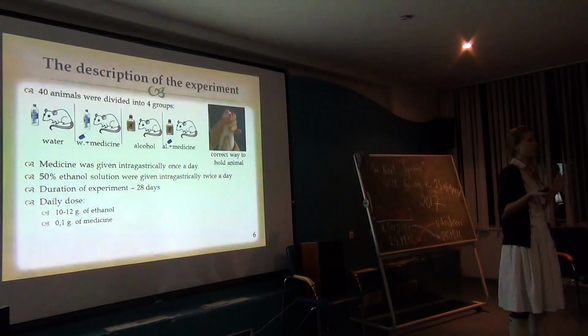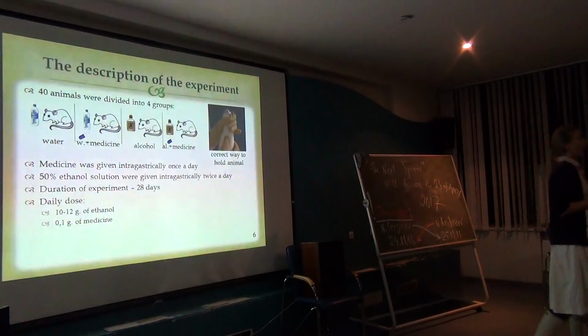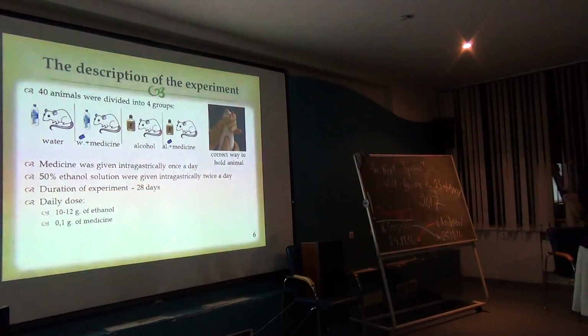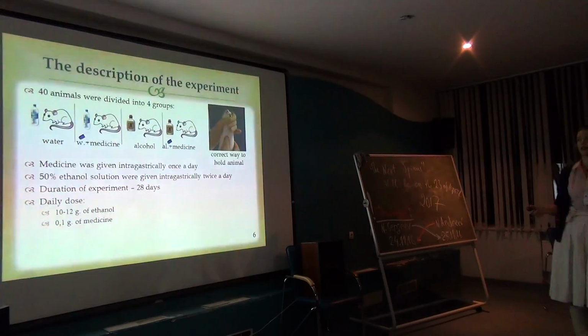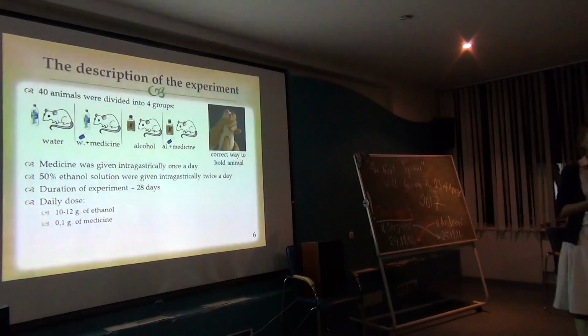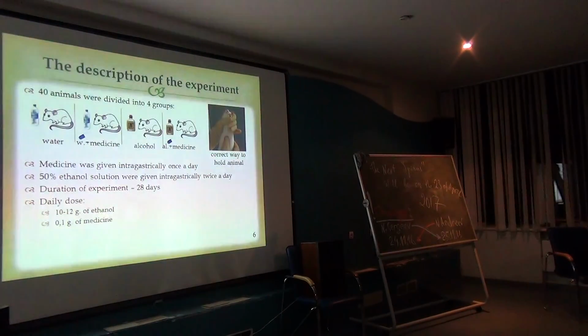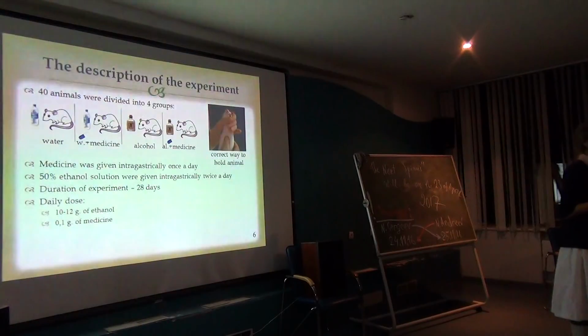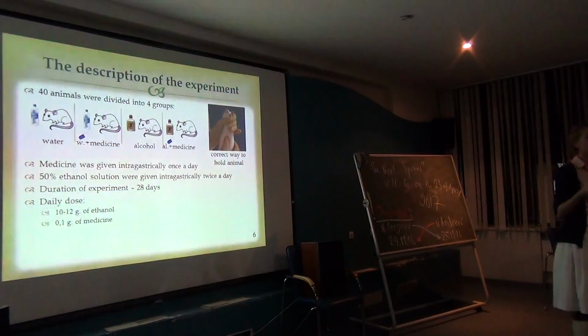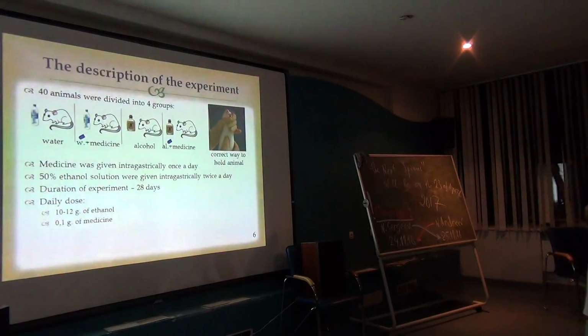A few words about the experimental pathology model. We divided 40 laboratory rats into 4 groups. The first group was given water, the second water and medicine, the third alcohol, and the fourth alcohol plus medicine. Medicine was given intragastrically once a day, and a 50% ethanol solution was used as alcohol, and it was given also intragastrically but twice a day.